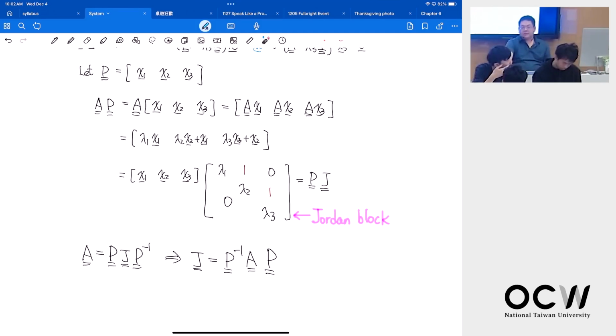Or we can say that if you have repeated eigenvalues and not enough eigenvectors, then you need to use this Jordan block to write the exponential matrix.